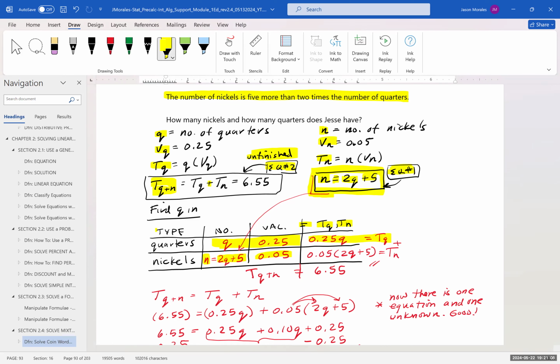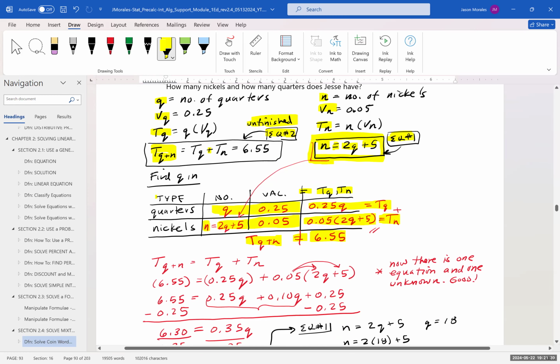And now going across for nickels, because I substituted 2Q plus 5, we've got 0.05 times 2Q plus 5. And that's our total value in nickels. And the total of both quarters and nickels, we were told, was $6.55.